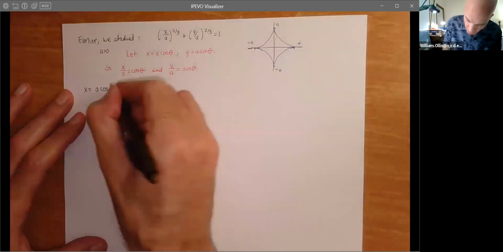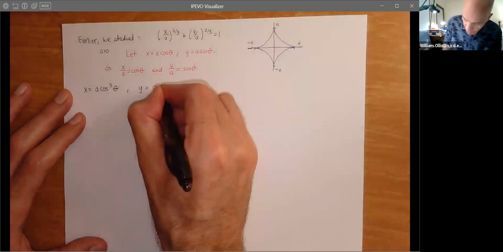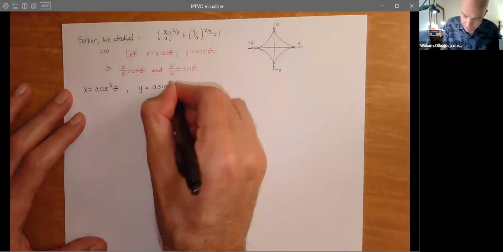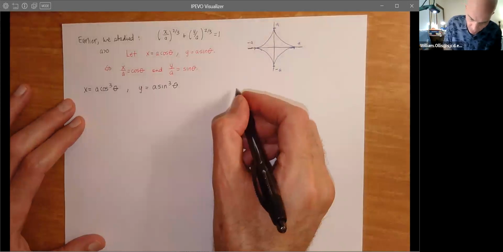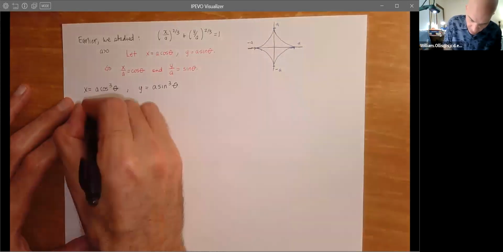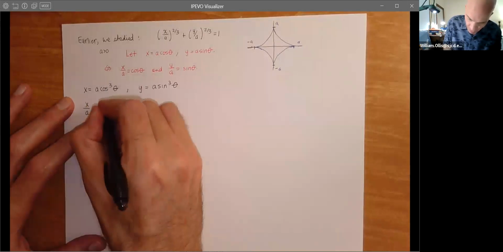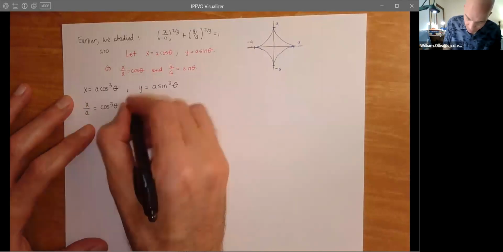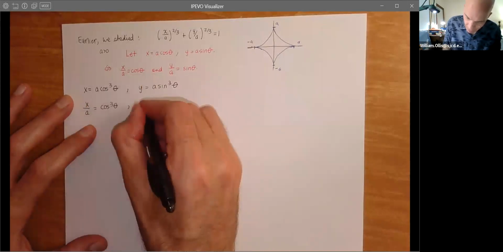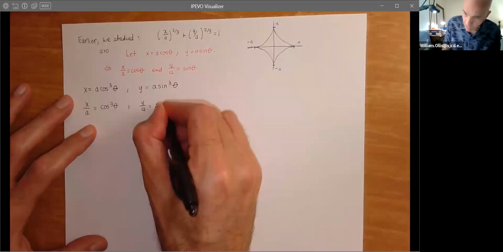Maybe this will work a little bit better. Y equals A sine cubed theta. And then we'll have X over A equals cosine cubed, and Y over A equals sine cubed.